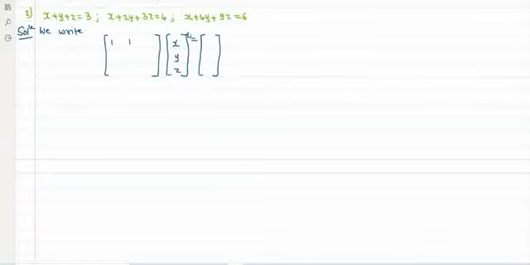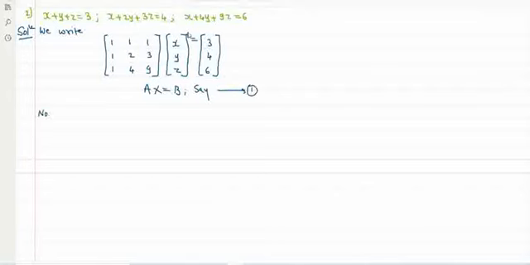Coefficients 1, 1, 1 and 3. 1, 2, 3 and 4. 1, 4, 9 and 6. And suppose I denote it as Ax equal to B. Suppose this is number 1.